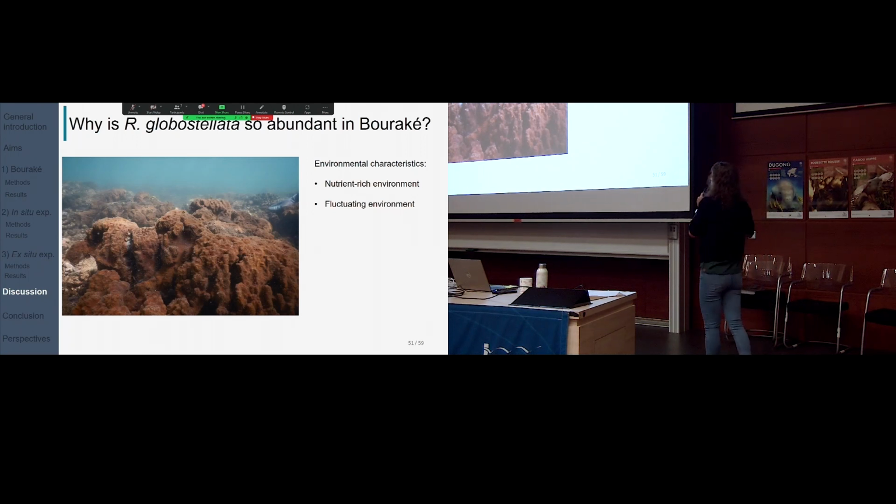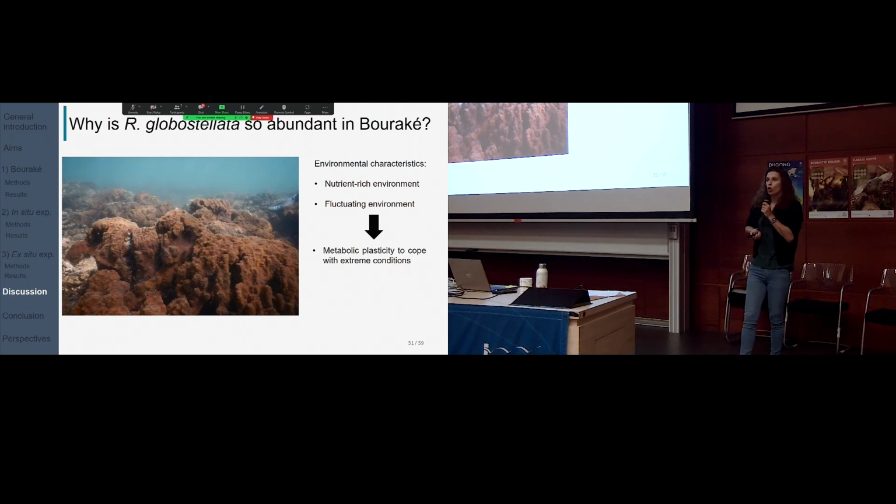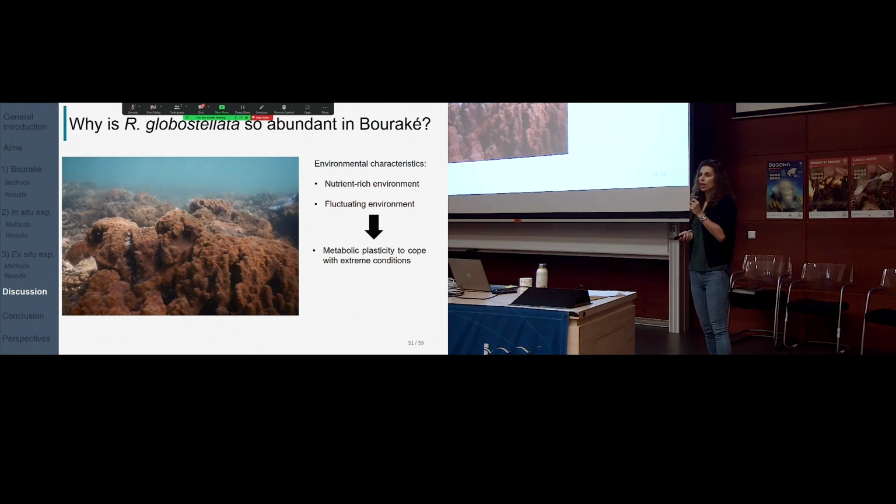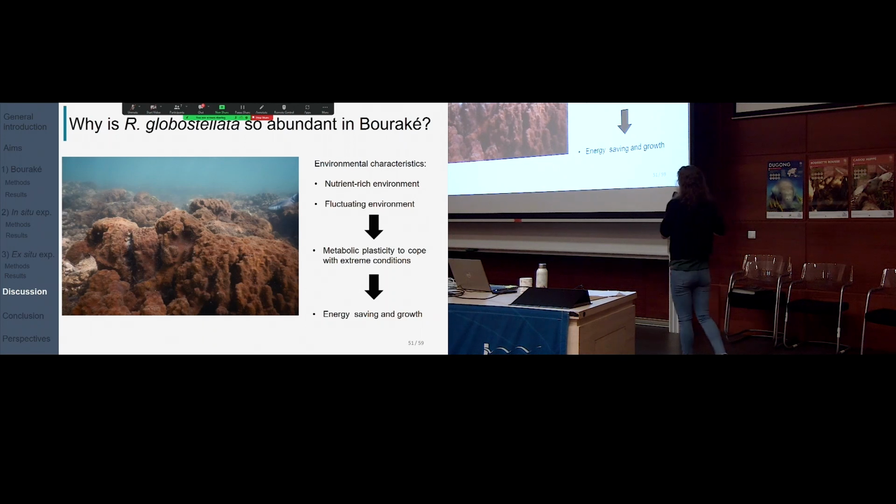Then, the rich nutrient environments of Burack could help sponges to cope with extreme environmental conditions, and also the fluctuating environment of Burack could increase the resilience of sponges under extreme environmental conditions. Then a sponge develops metabolic plasticity to cope with the different environmental conditions and to adopt the best strategies according to the tide. Then a sponge saves energy, grows, stays healthy, and becomes massive as I observed.